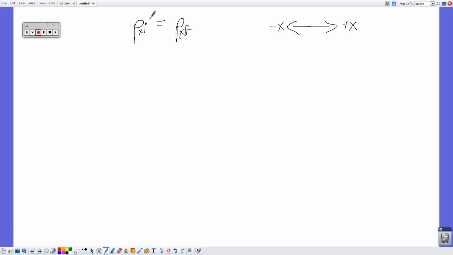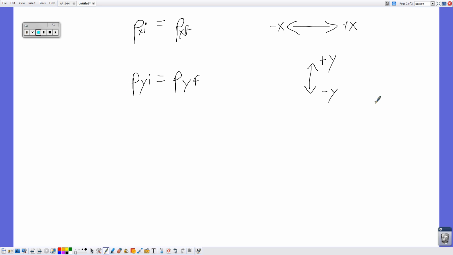Turns out that the initial x momentum has to equal the final x momentum. It turns out that this is also true for stuff in the positive y and the negative y direction. The initial y momentum must equal the final y momentum.